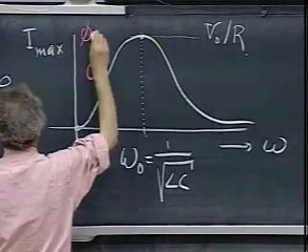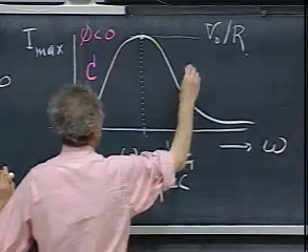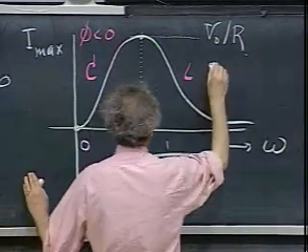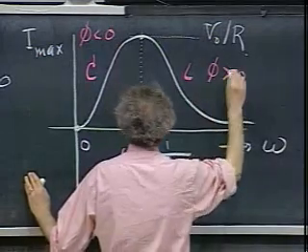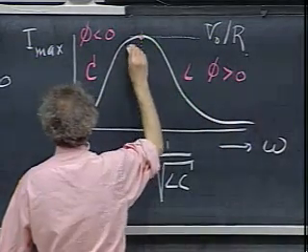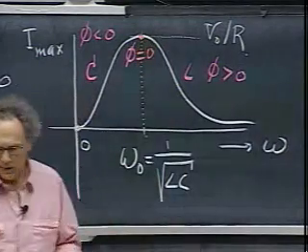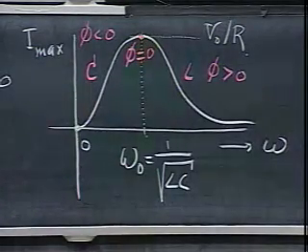And phi, by the way, is here less than 0. Here it is the inductor that plays the key role, and here phi is larger than 0, and right here, and only there, phi is 0, only when you're exactly at resonance.